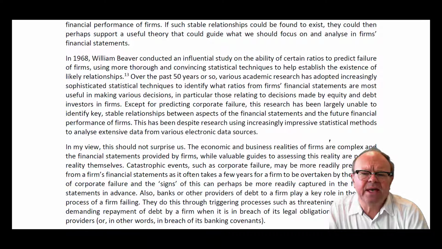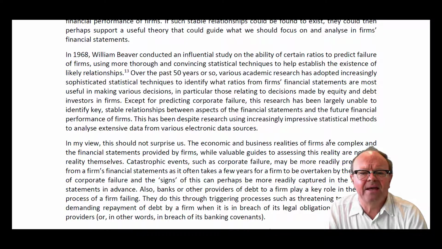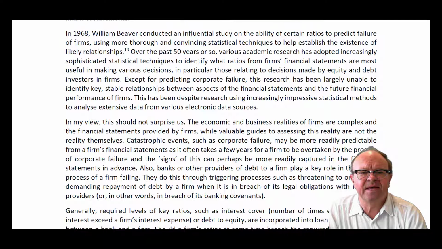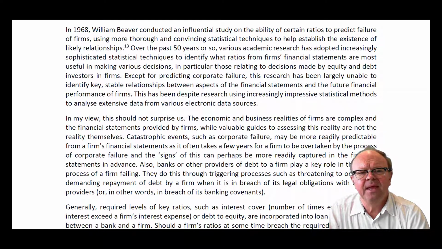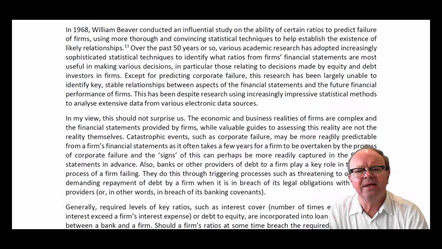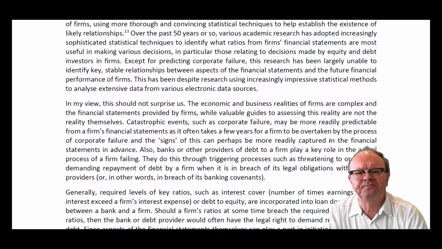If such stable relationships could be found to exist, they could then perhaps support a useful theory that could guide what we should focus on and analyse in firms' financial statements. In 1968, William Beaver conducted an influential study on the ability of certain ratios to predict failure of firms, using more thorough and convincing statistical techniques to help establish the existence of likely relationships.